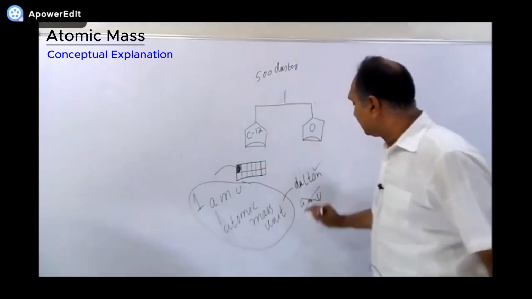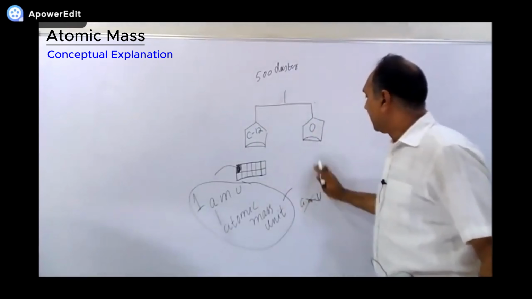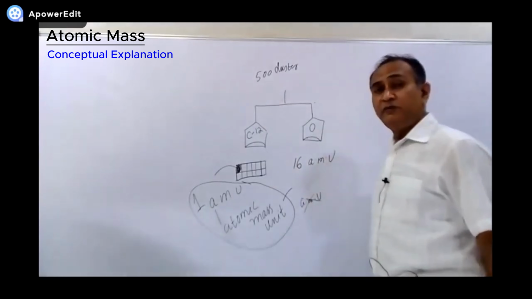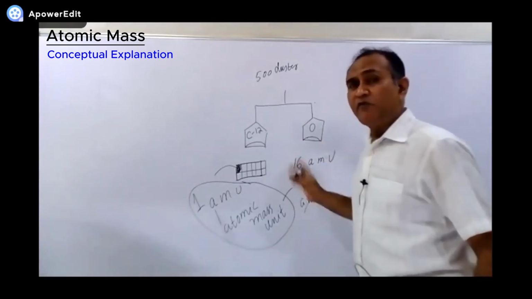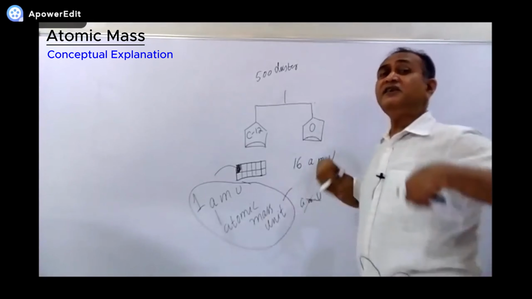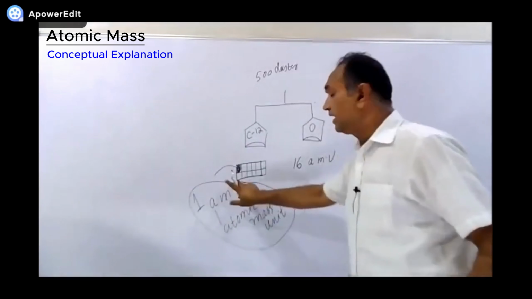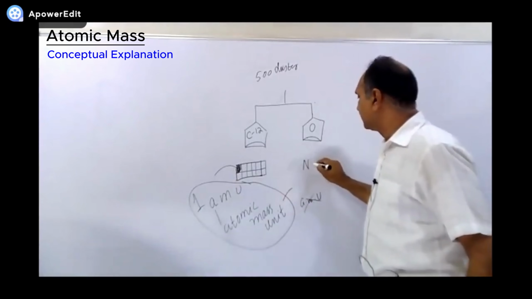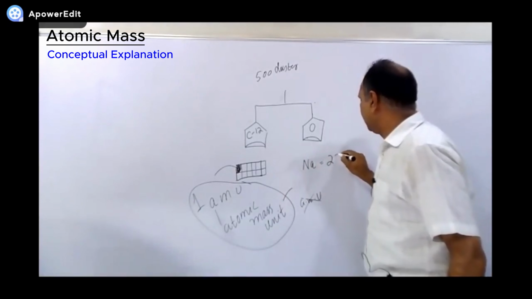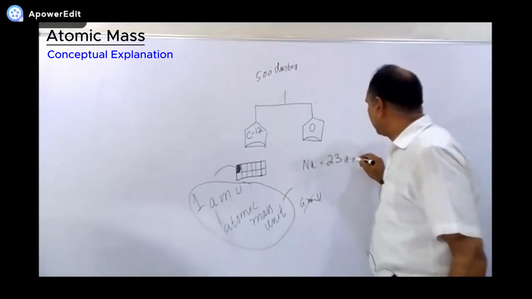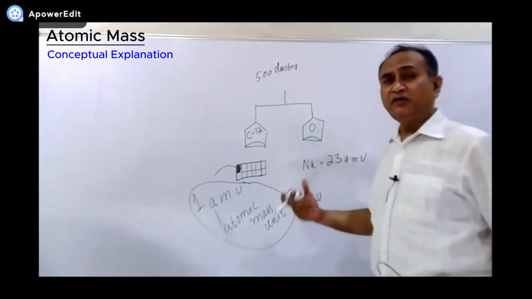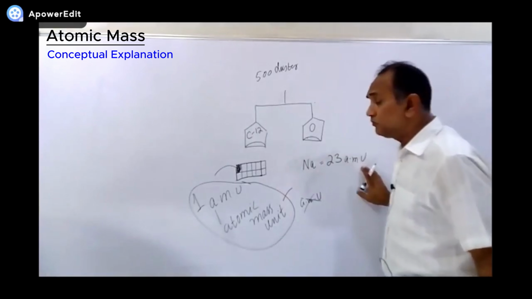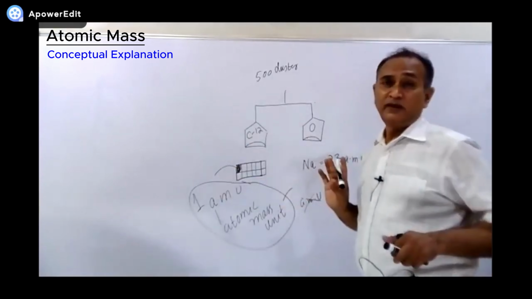So similarly, if I write the mass of oxygen as 16 AMU, it means an atom of oxygen has 16 times more mass than 1 AMU. The mass of sodium, let's suppose, is exactly 23 AMU. What does it mean? The mass of one sodium is 23 times a single AMU. What is a single AMU? 1/12 mass of a carbon atom.